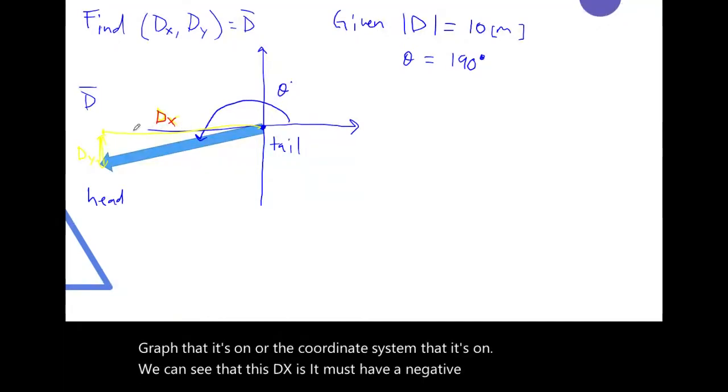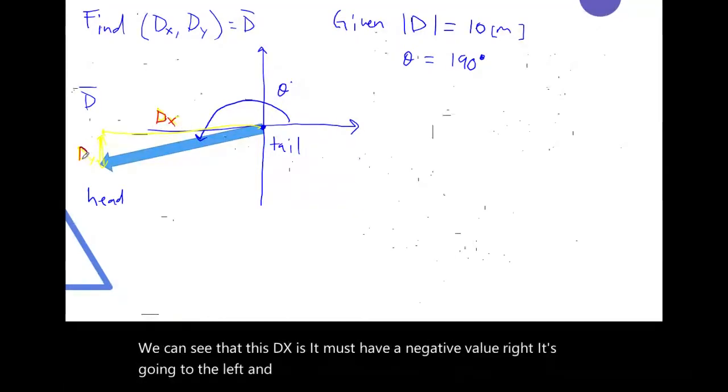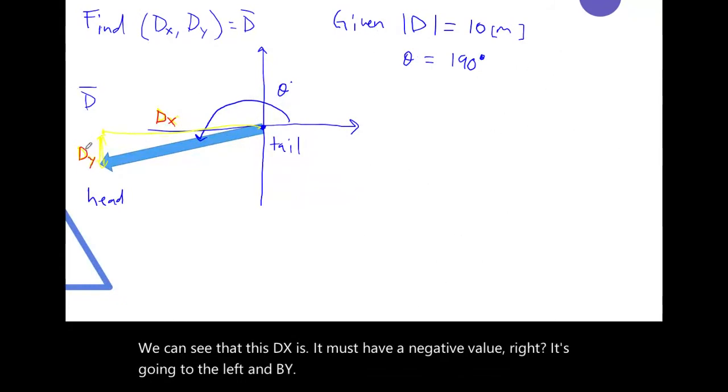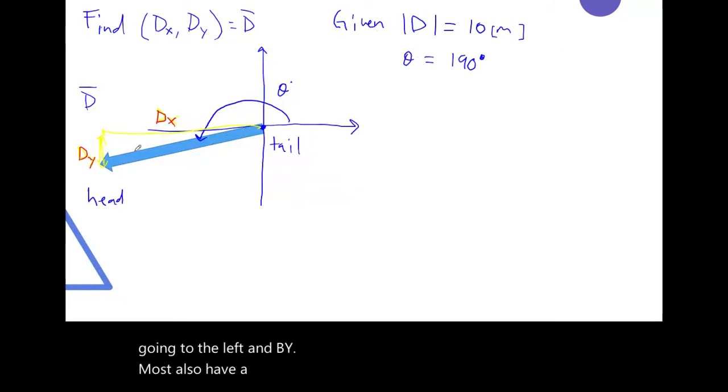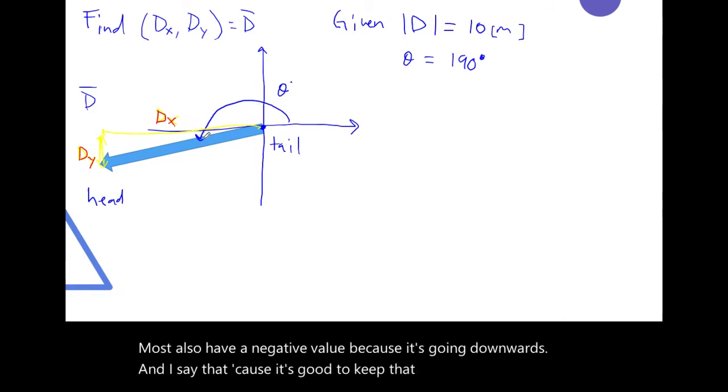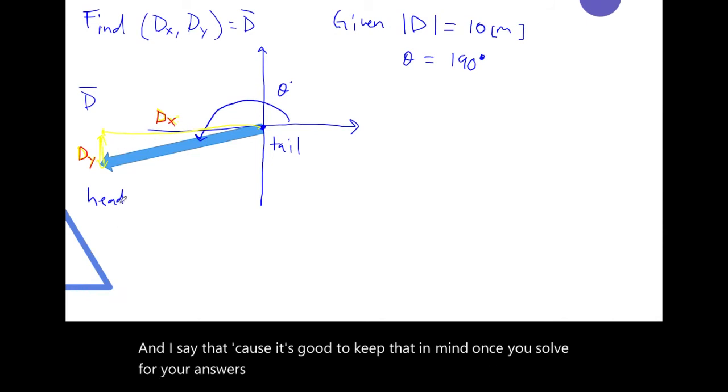Because it's going to the left. And dy must also have a negative value because it's going downwards. And I say that because it's good to keep that in mind once you solve for your answers, because we know our answers should be negative.